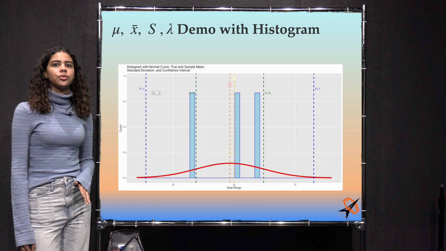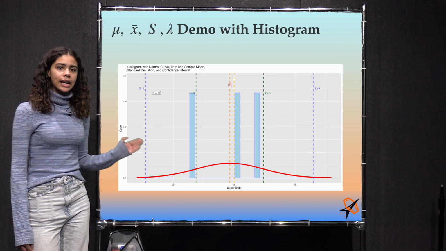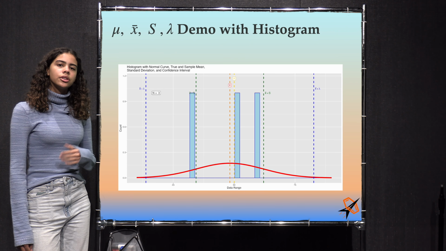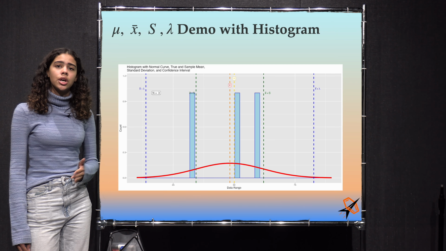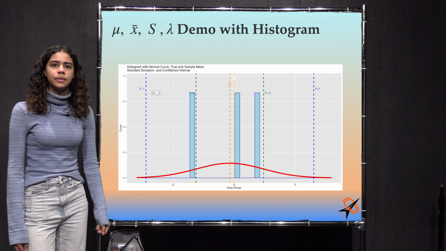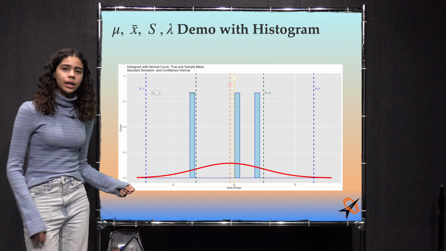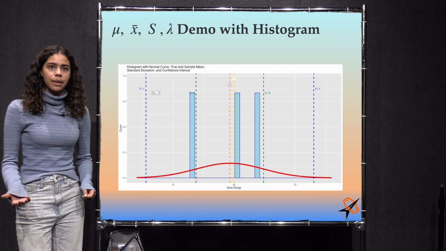And the confidence interval is between the two dashed vertical blue lines, labeled as x bar plus lambda and x bar minus lambda. The true standard deviation is set at 10, so 68% of the samples should be between 40 and 60. The statistics tell us that x bar should be close to mu, and mu should be within the confidence interval at least 95% of the time.